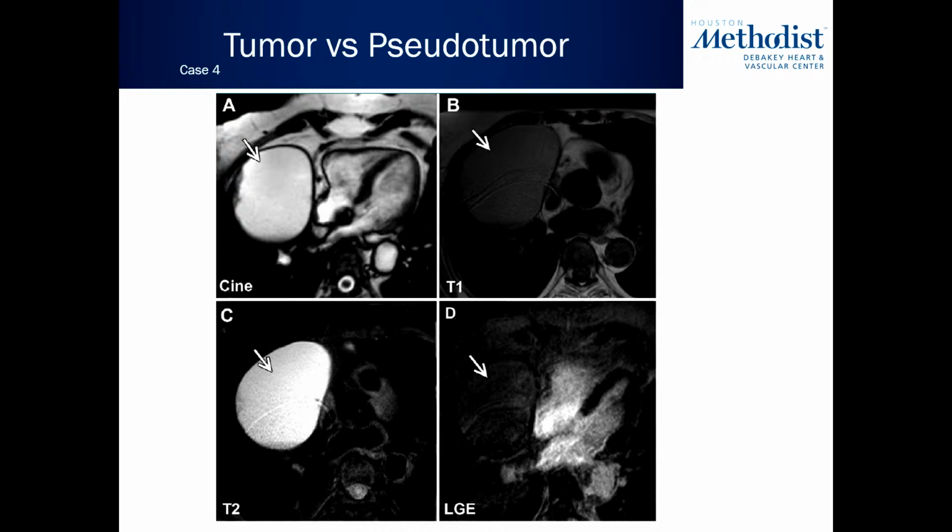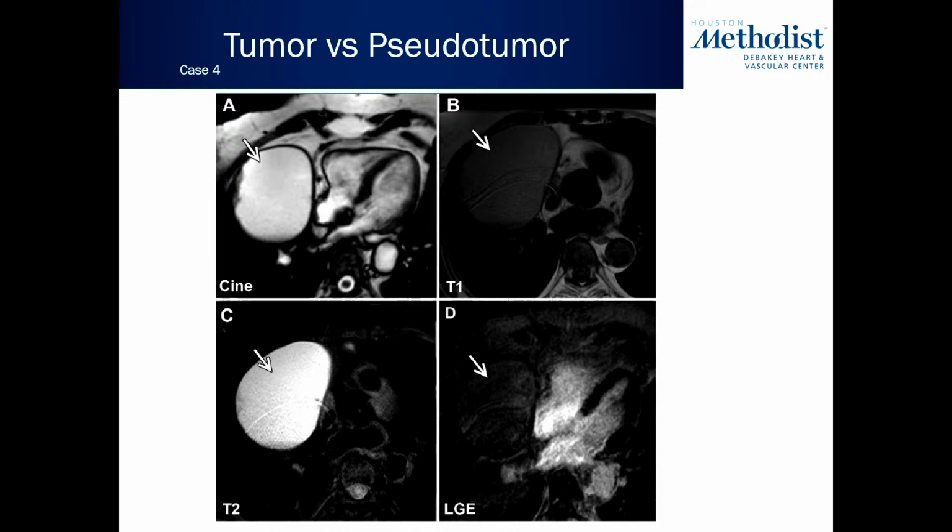Here was another structure. This was actually outside of the pericardium. If you look at it, you can see it on A. These were our SSFP images. On the T1 images, it was dark. This was kind of reversed from what we saw with the lipoma. Dark on T1, bright on T2. If you remember, T2 is edema or water imaging. So this combination of dark T1, bright T2 really can be nothing else other than fluid.